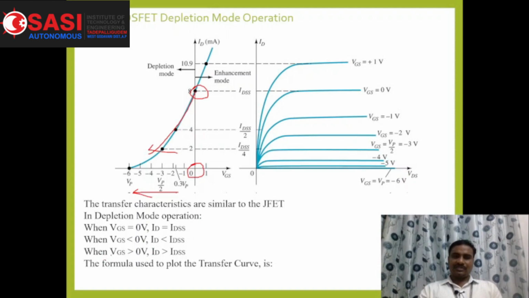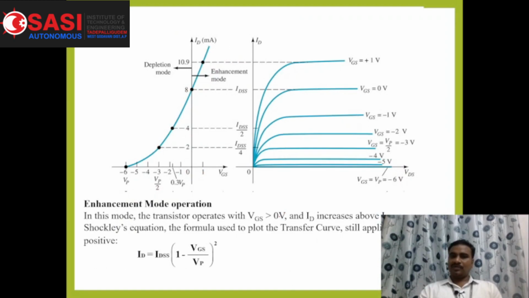Whenever VGS changes to greater than 0, IDS changes from 0 to some positive value. So this is about the depletion region and enhancement region of the D MOSFET.